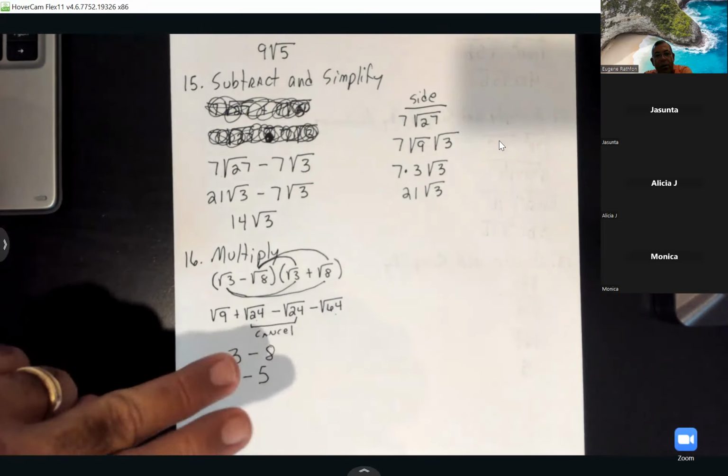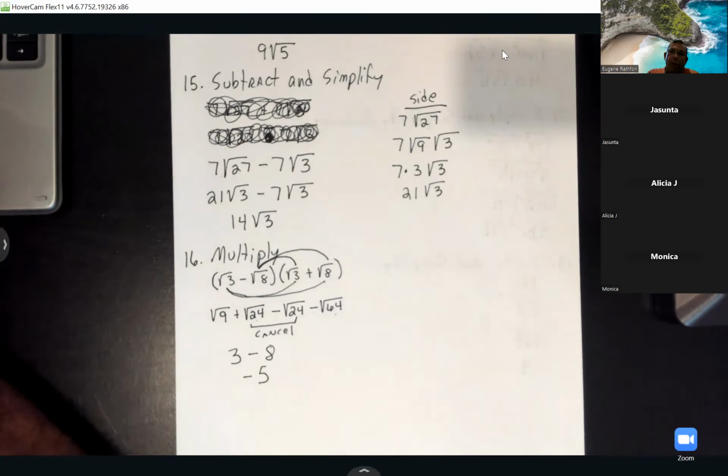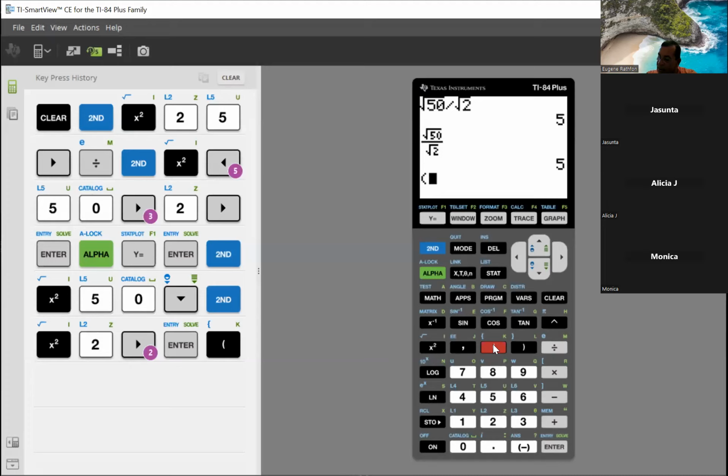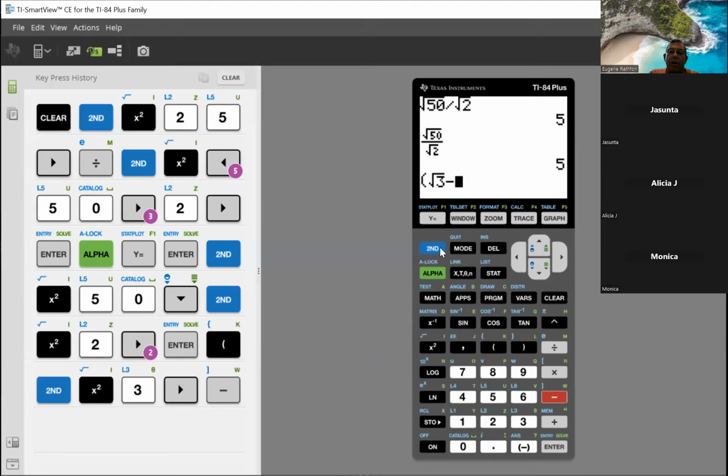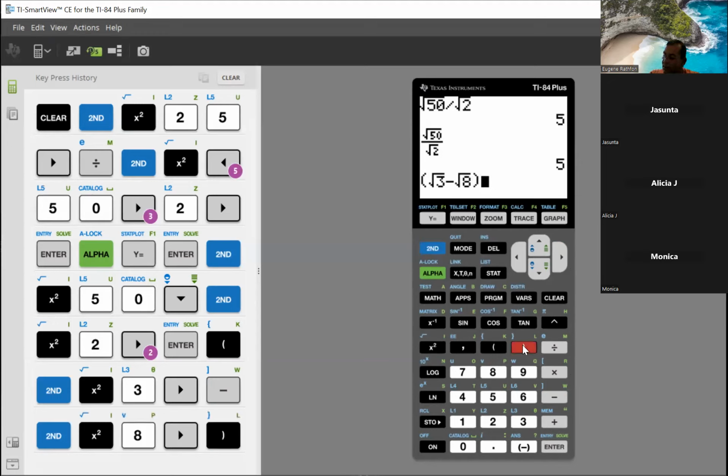When it's got all numbers like this, our calculator will knock that out quick. So let me start my parentheses. So I had a square root of 3. So second x squared, put me a 3 in there. Arrow out of that radical. And then I had minus square root of 8. So second x squared, put in my 8. Arrow out of that radical, close parentheses.